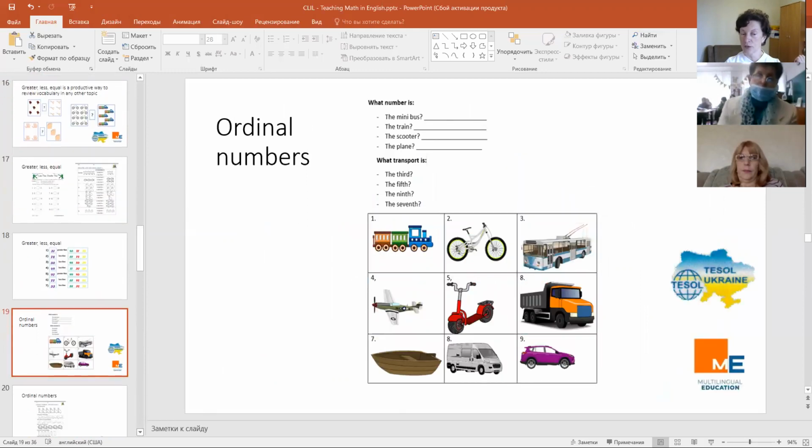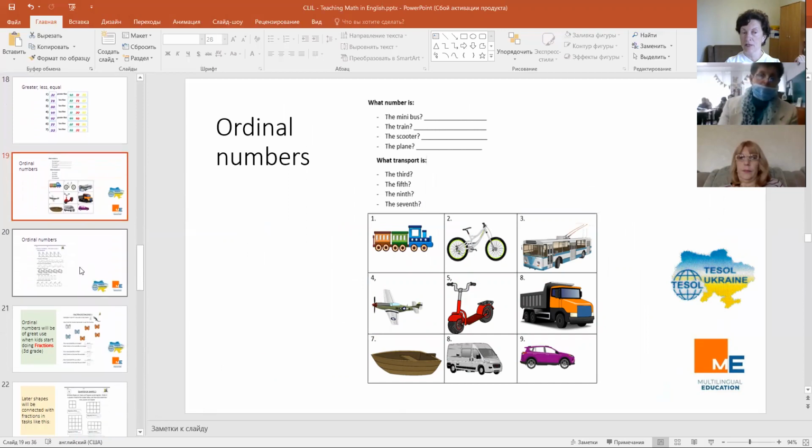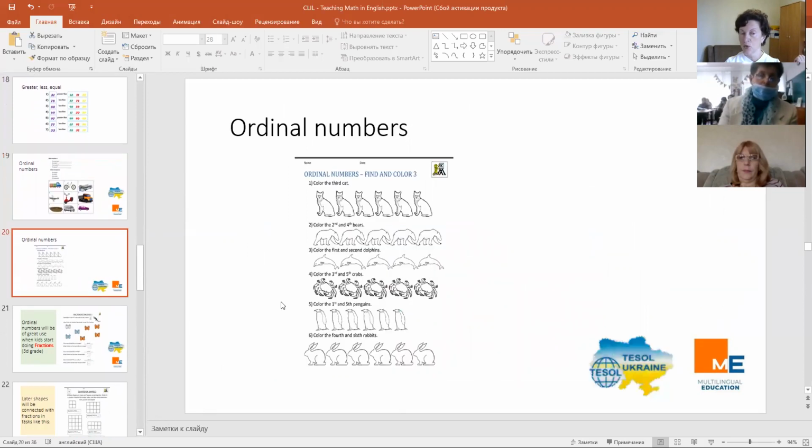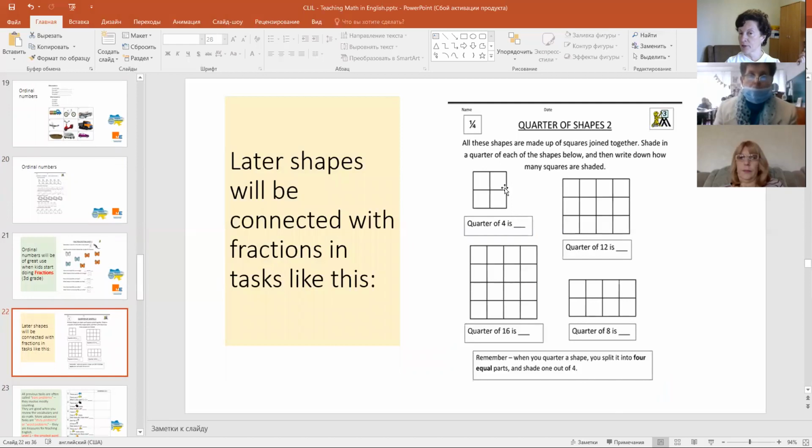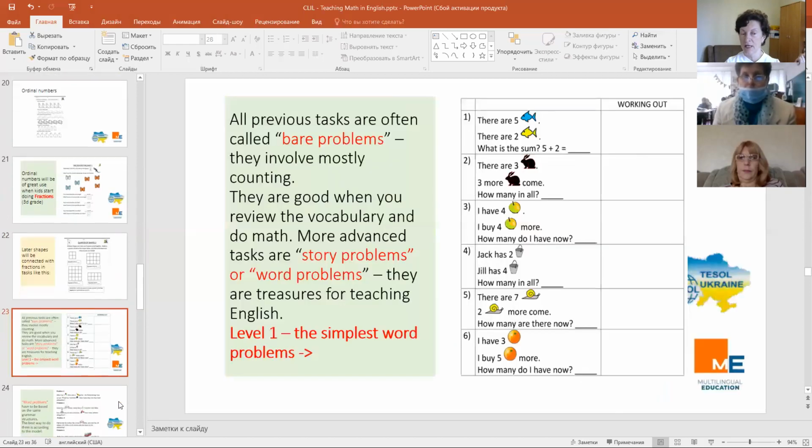Then we learned ordinal numbers, and ordinal numbers were used for bear puzzles, and also for doing fractions. Fractions later were coupled with shapes, and the best part of teaching math for English teachers, story problems or word problems.